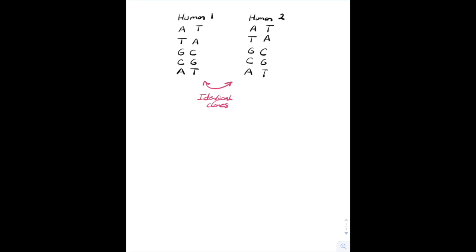Now, cloning an entire animal from embryonic cells is the most common method of cloning. So if you have an embryonic cell, it is a cell that is undifferentiated.